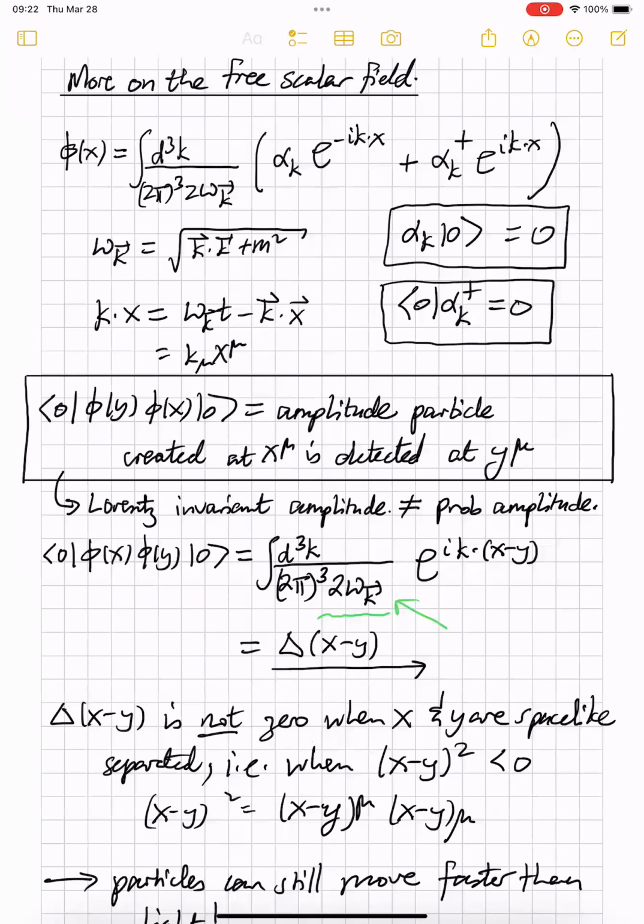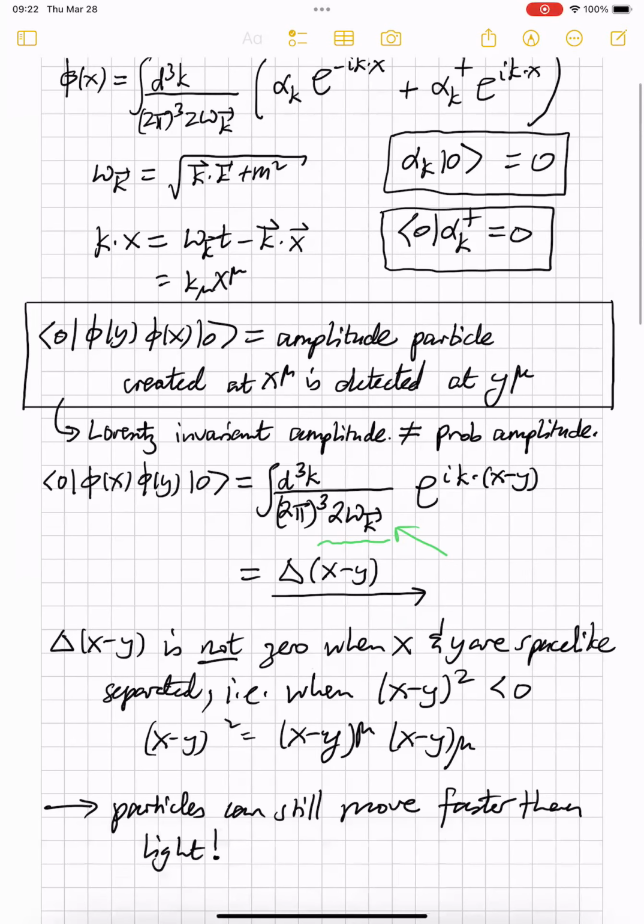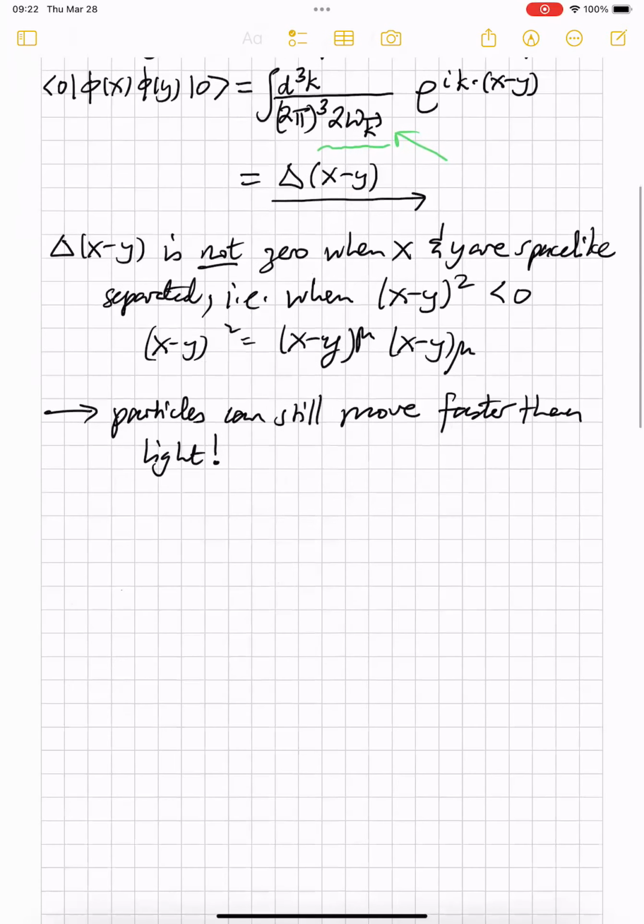So just to remind you of what we're trying to do, we're trying to understand why measuring the field at position X does not disturb the field at position Y if X minus Y is a space-like vector. So if X and Y are space-like separated.